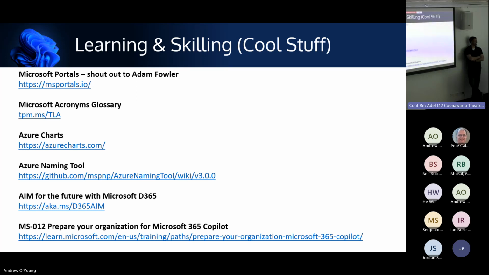I think there's still a future of Dynamics 365 AIM course going. And I saw just yesterday there's a new learning path on Microsoft Learn for getting your organization prepared for the Microsoft 365 Copilot. There was a disclaimer there that the content is prepared with the help of AI. Oh gosh. I've yet to go through it, so it could be some interesting content in there.